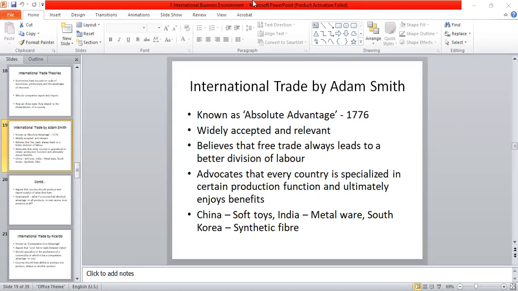Now, better division of labor. We have all kinds of labor. What are the kinds of labor?